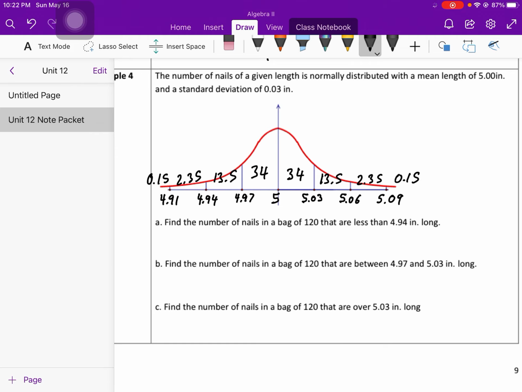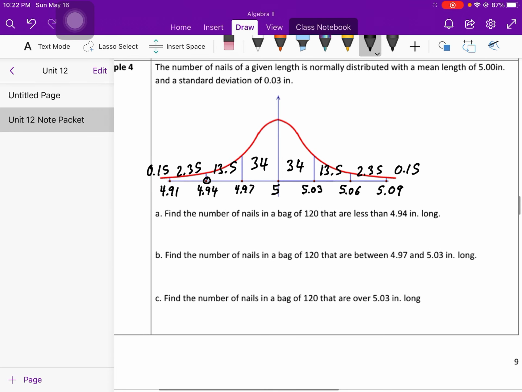So the first question says, find the number of nails in a bag of 120 that are less than 4.94 inches long. So this one we're looking for an exact number, not just the percentage. So 4.94 is right here. So we want those that are less. So if we add these two numbers together, it's going to end up being, I'll write it as a percentage, 2.5%, which we're going to convert to 0.025.